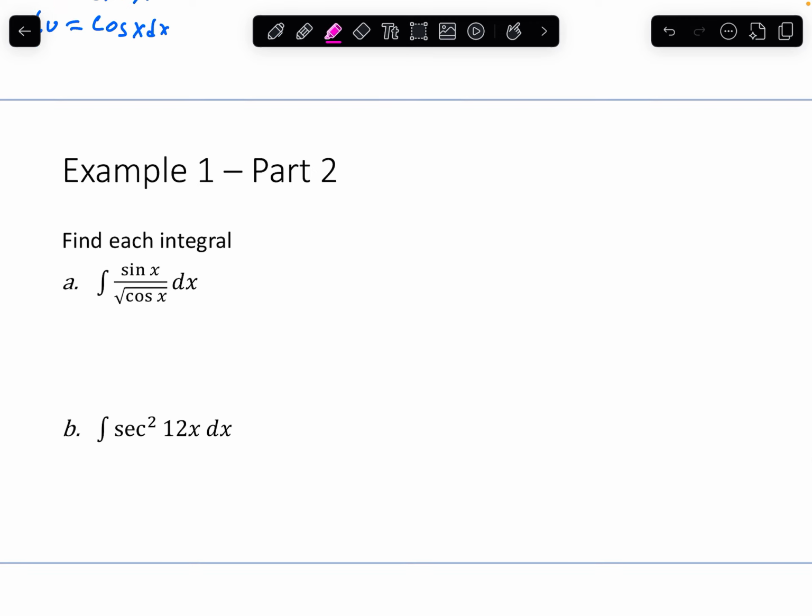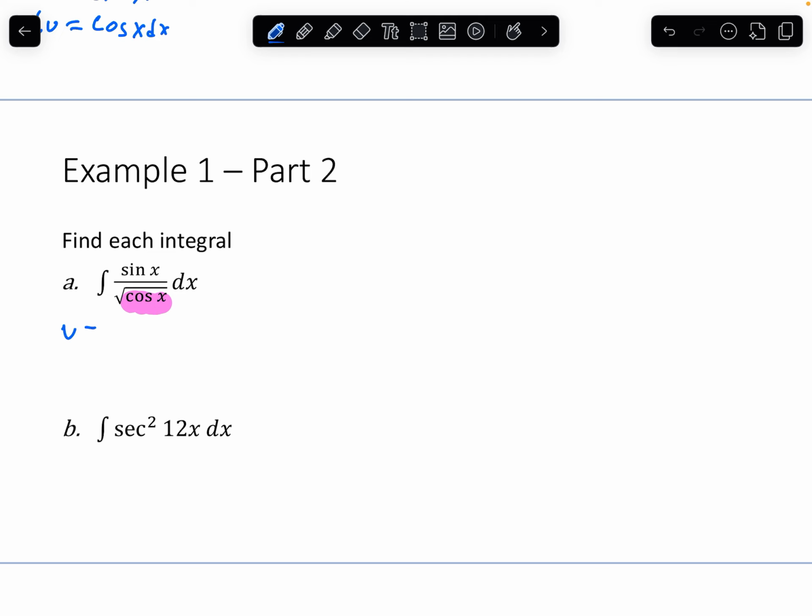The integral of the sine of x divided by the square root of the cosine of x dx. For this one, you could tell from two reasons. Number one, it's in the denominator of this fraction, and number two, it's the quantity being raised to a power, in this case to the 1/2 power, that being this cosine of x down here.